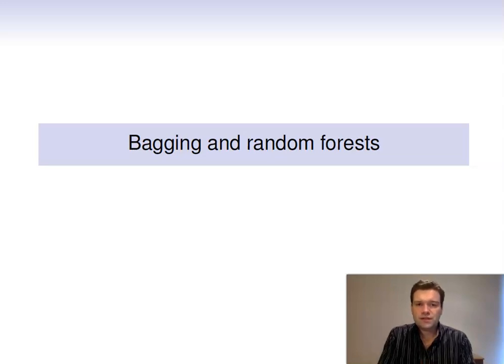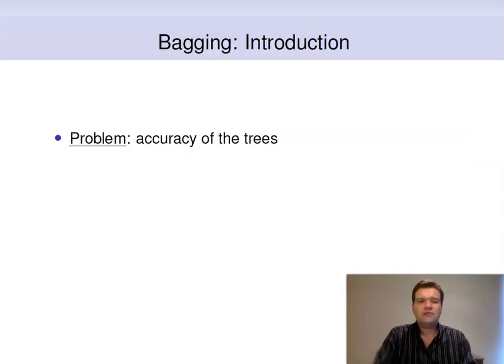We have seen trees. We're supposed to understand how the trees are constructed, and we try to understand that, in fact, in these trees, maybe there are problems of accuracy. Indeed, when we see the way they are constructed, it's a very simple way.